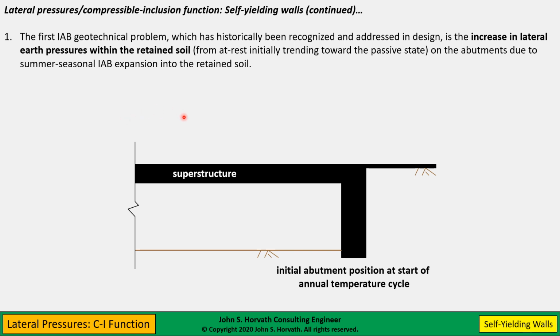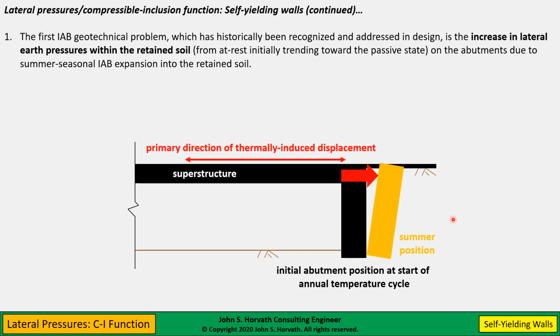Well, the first geotechnical problem with integral abutment bridges is one that has been recognized since early on and is typically addressed in design. And this is the increase in lateral earth pressure within the retained soil that happens every summer. So simplistically, if we assume that initially after the IAB is built, we have at-rest lateral earth pressures, in the summertime, as the bridge deck expands and pushes the abutment into the soil, these earth pressures are going to go from the at-rest state and trend toward the passive state.